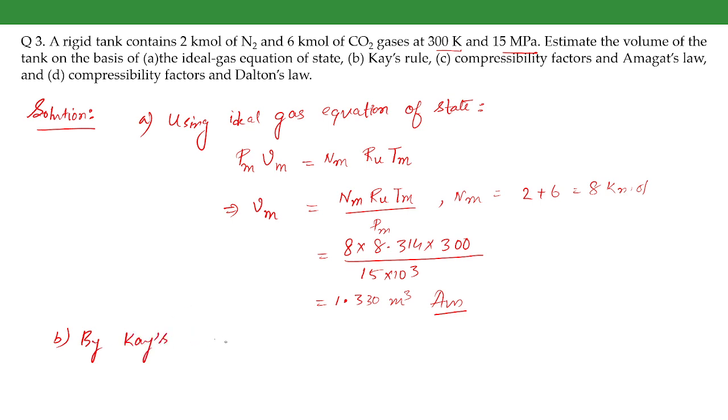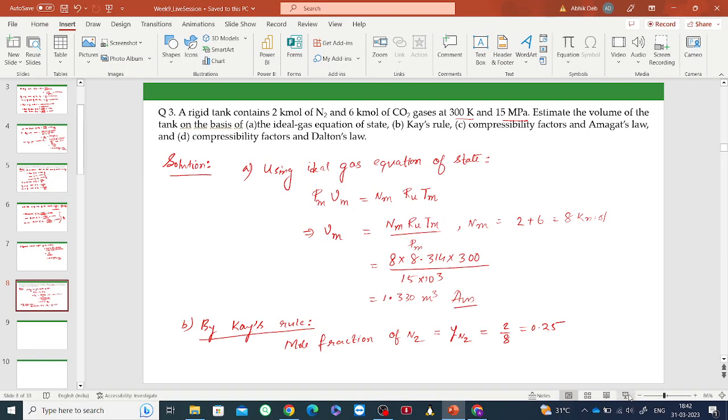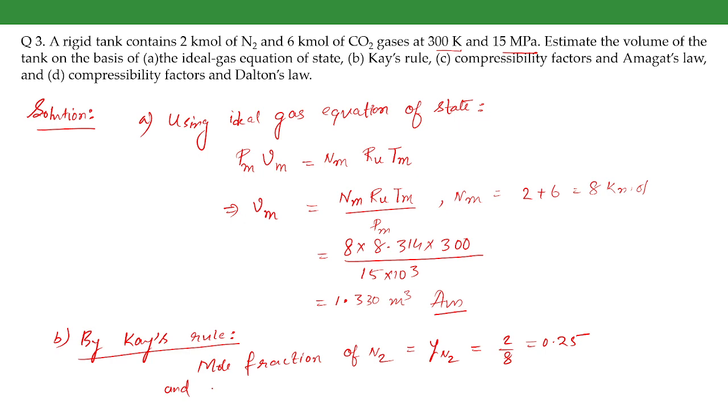So by Kay's rule, the mole fraction of nitrogen, yN2, is equal to 2 by 8, that is 0.25, and the mole fraction of carbon dioxide, that is yCO2, is 6 by 8, that is 0.75. Okay.